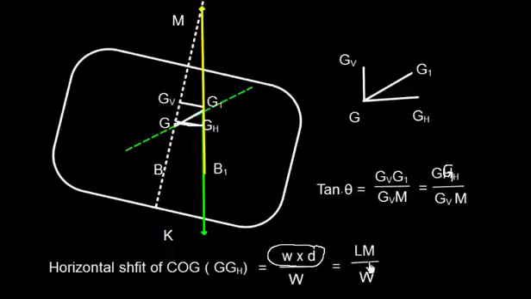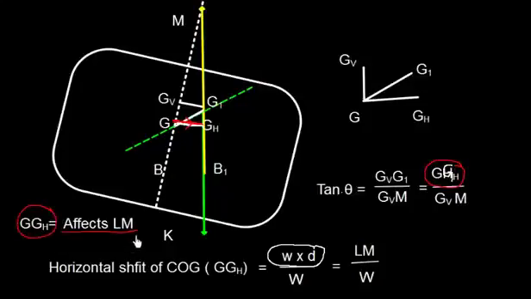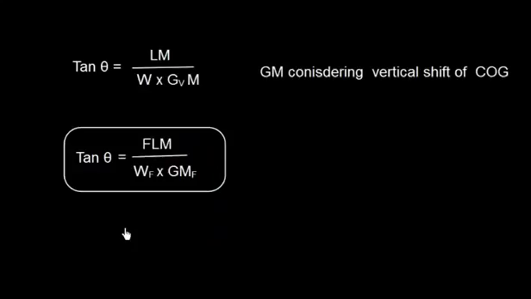Weight multiplied by distance will give me the list moment, divided by W. And we should also note that this GGH, the horizontal shift in the center of gravity, will affect the value of the list moment.